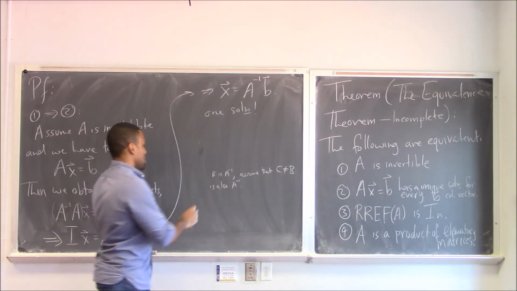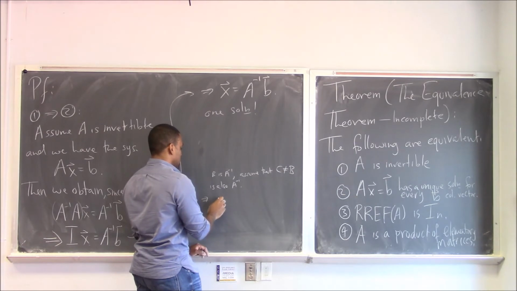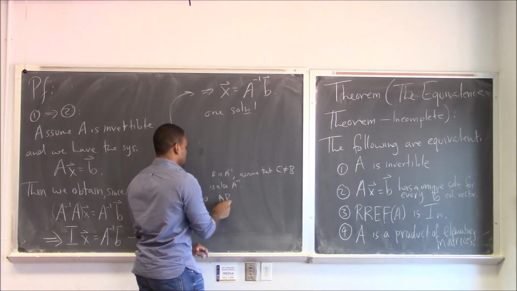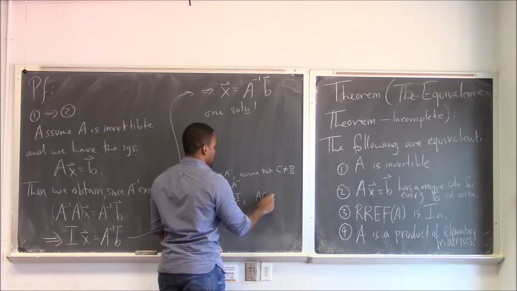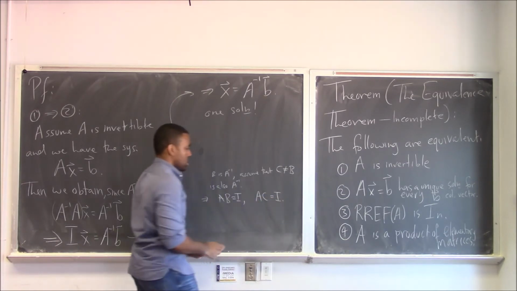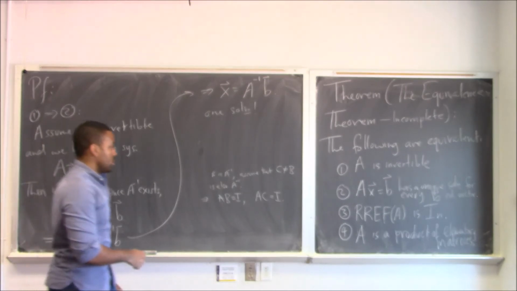Right? Then what that would mean is that if I take A times B, I get the identity, and if I take A times C, I get the identity. Right? And A is invertible.